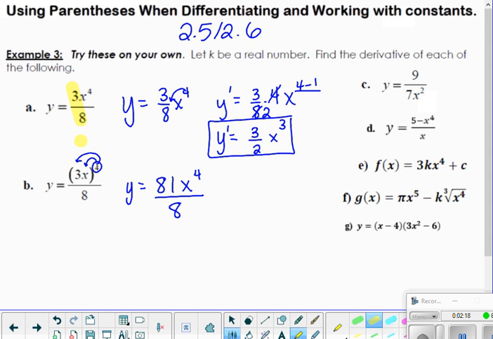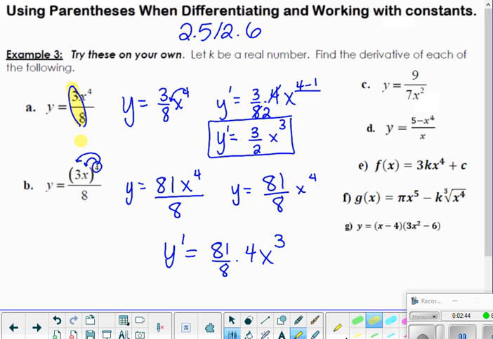Now, like before, I'm just going to rewrite a whole new statement. 81 eighths is our multiplier, isn't it? And now I can use the power rule on this and get y prime, because I'm working on a derivative, so use the appropriate notation. 81 eighths times that 4 coming down, x to the 3rd, reduce the power by 1.